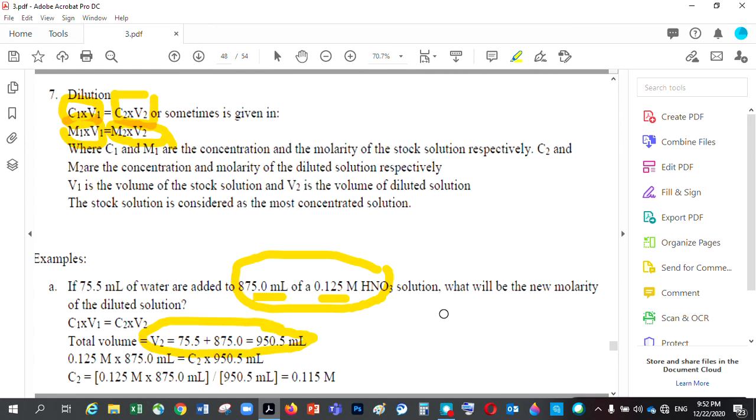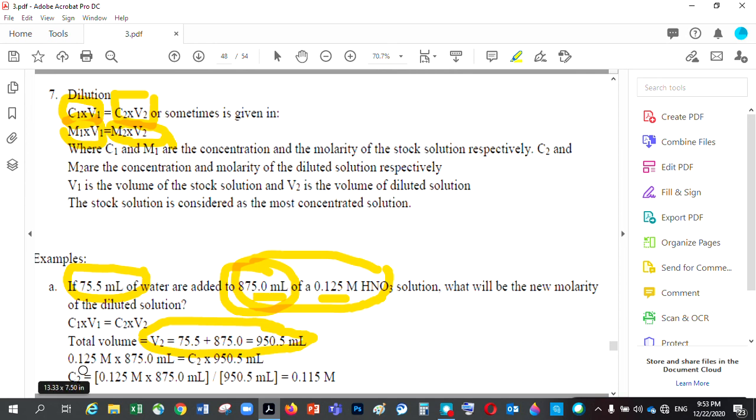We have to use the total volume because you add the 75.5 to 875 milliliters. So V2 is the sum of both volumes, the total volume of the solution.